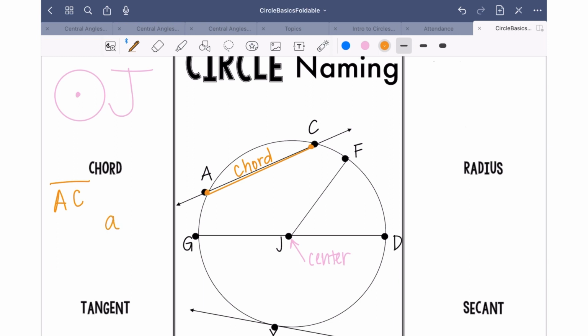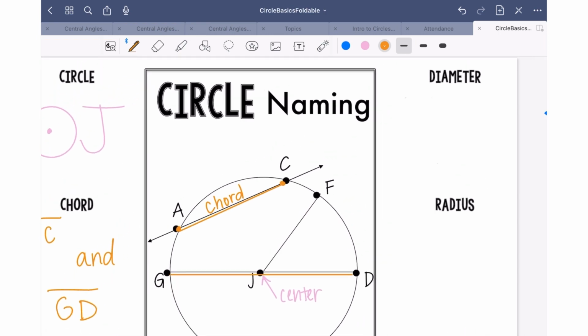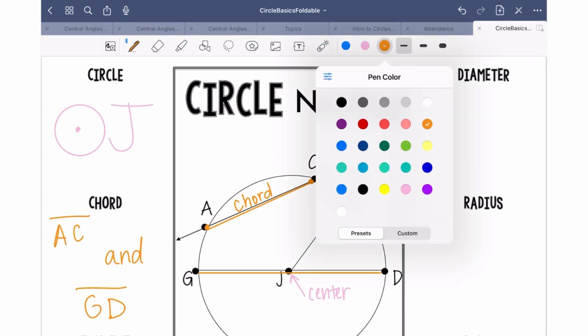Another type of chord that we learned in the vocabulary is also the diameter. The diameter is a chord. So technically this is also a chord. I'm just going to label it orange so you can remember. So that would be segment GD. And then let's actually do the diameter.